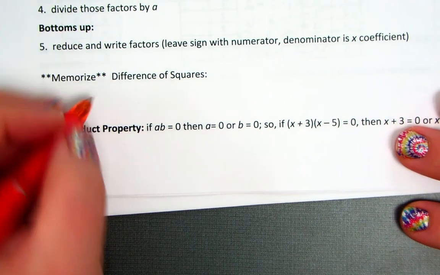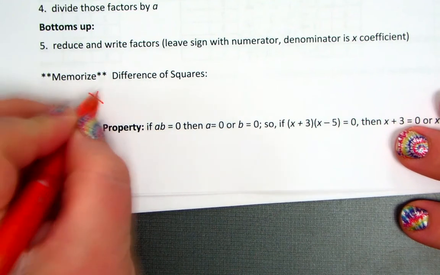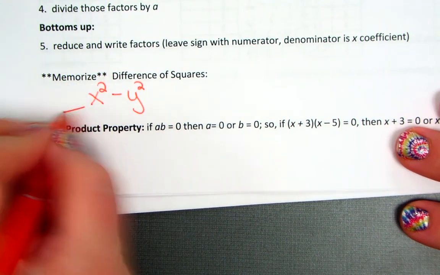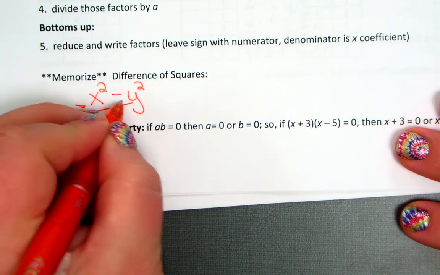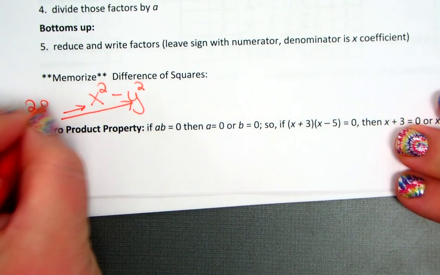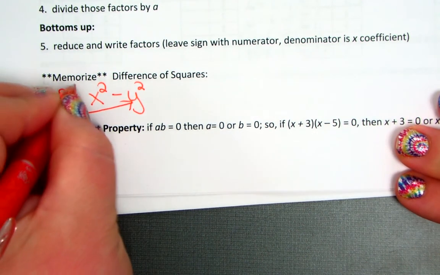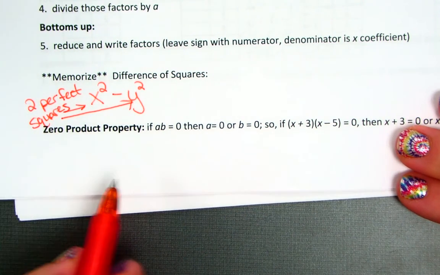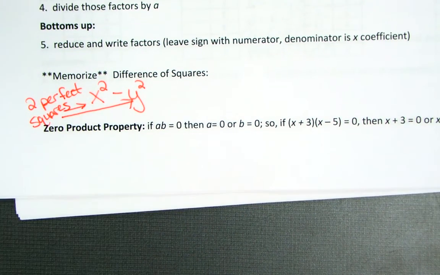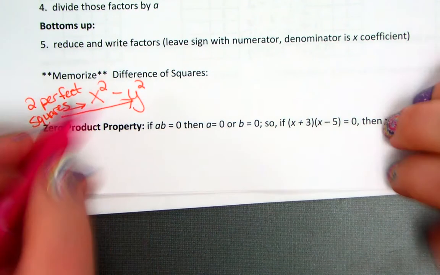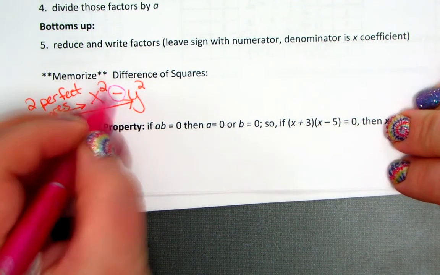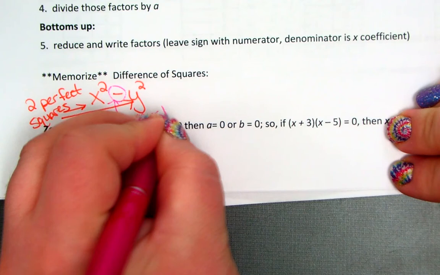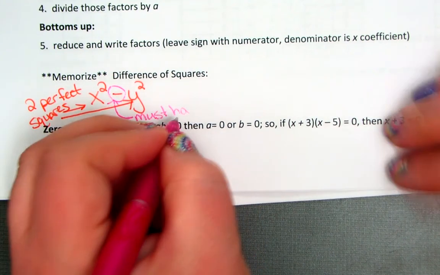So when we talk about difference of squares, we'll have two perfect squares and it has to have a minus in the middle. That is a must. If it does not have a minus in the middle, then it is not a difference of squares.